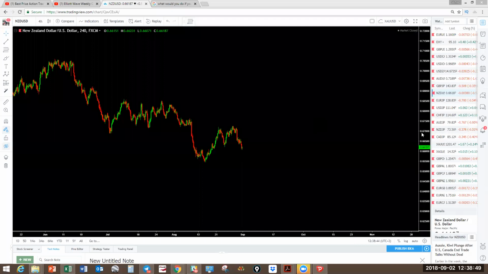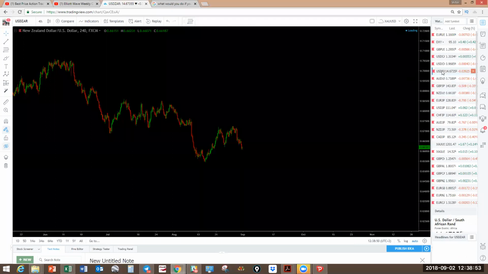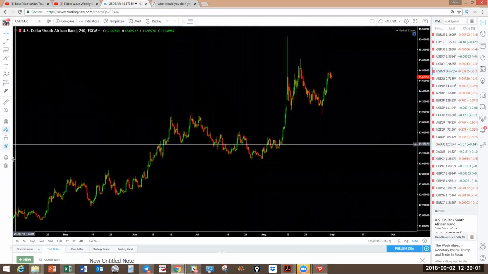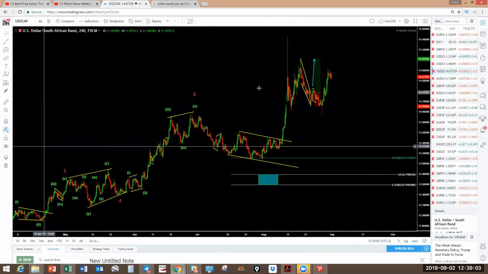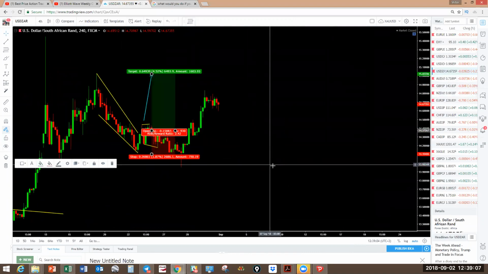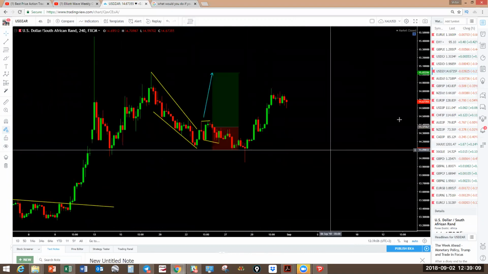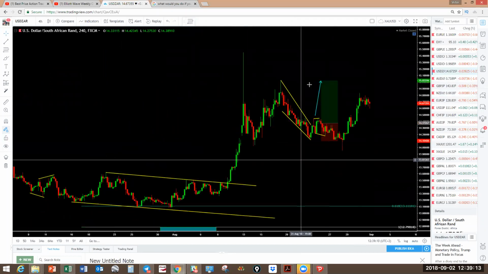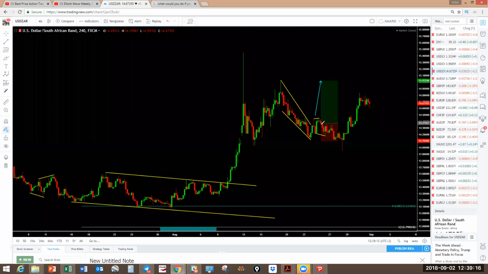So your next move in the next week is to look for corrective structure for more downside on New Zealand as well. Now let's look at the US dollar ZAR, the one that I spoke about, one of the trades that we took that went to the stop before it actually went our direction. Okay, you can see that was the setup, clearly indicating where we are buying and where we are going. All right, so we were premature because this happened when we were here.